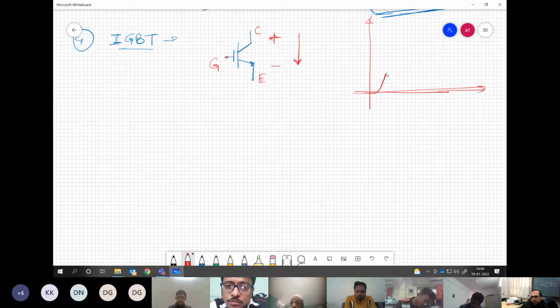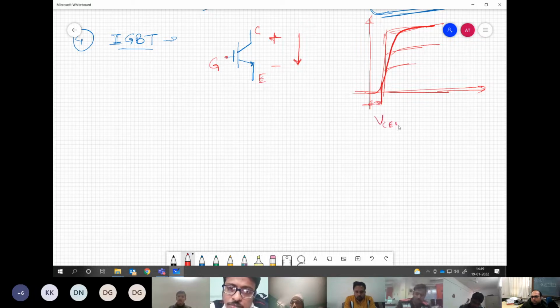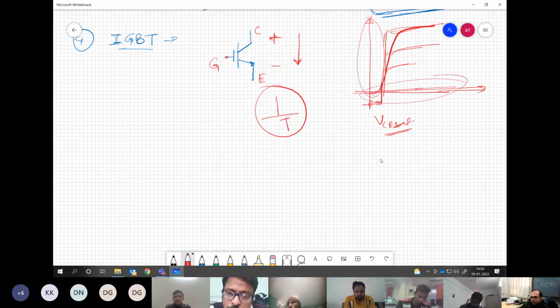Very similar to what I have drawn for BJT, this also has the saturation voltage and then the characteristic is very steep, so the resistance involved with this slope is very small. So almost this VCE sat defines the equivalent circuit when it is conducting. The other things are very similar to BJT. Fine.